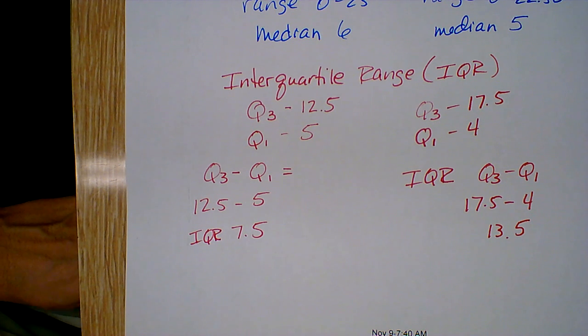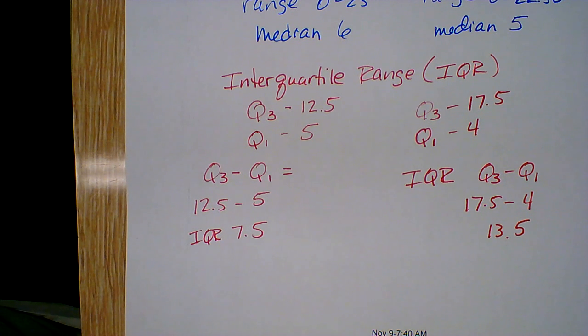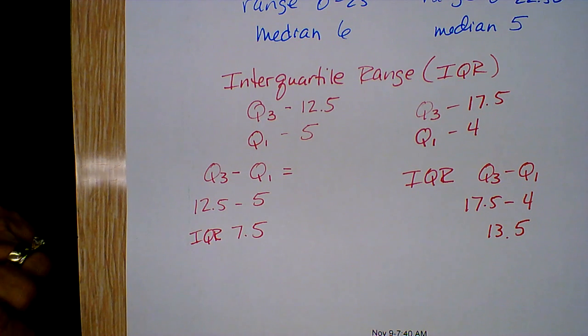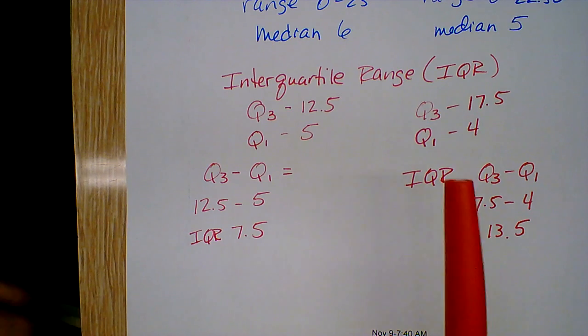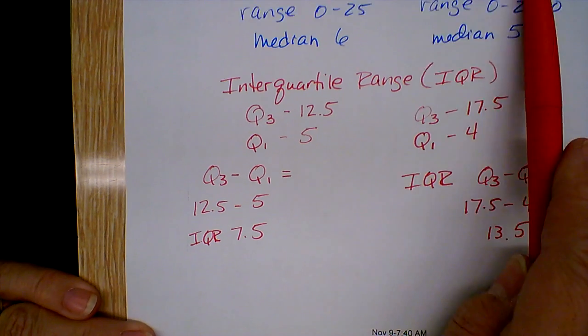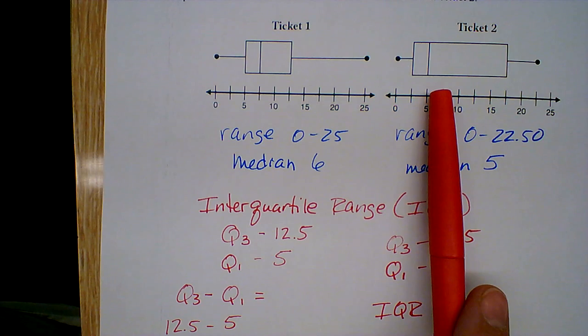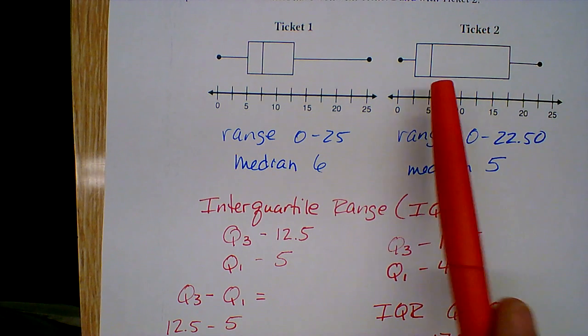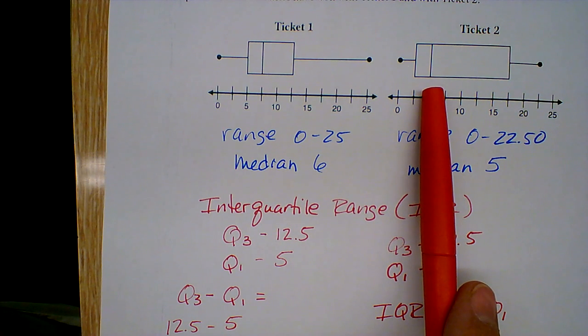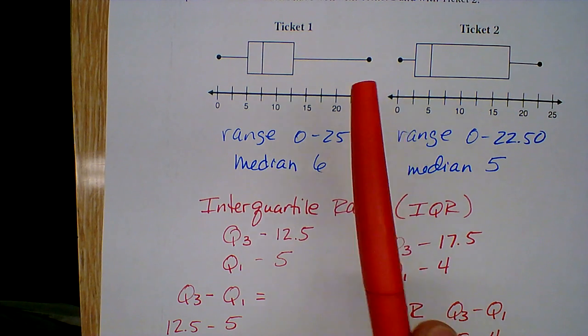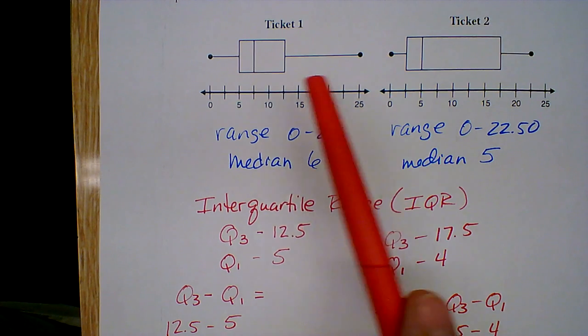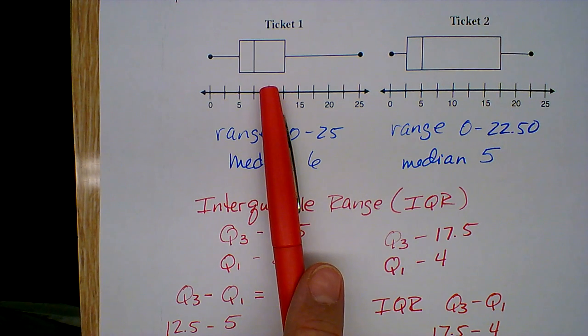When we look at that, we realize that ticket 2 has a much larger interquartile range. Because ticket 2 has a larger interquartile range but also a lower median, Sam would be more likely to win more money with ticket number 1.